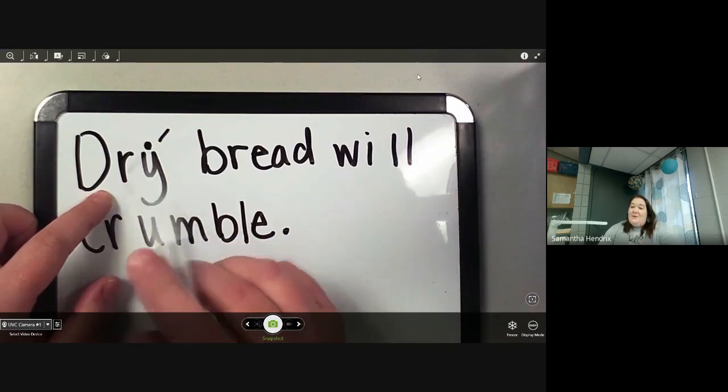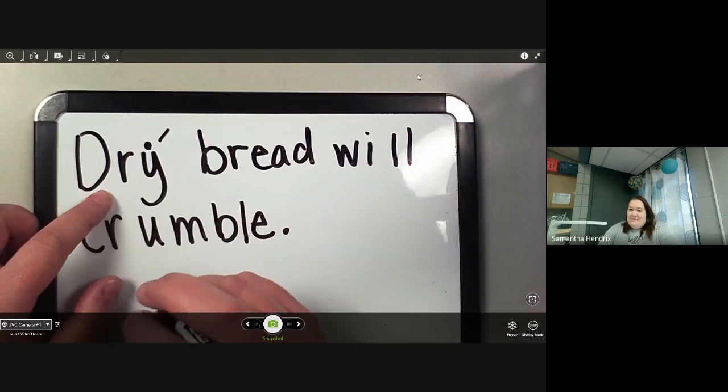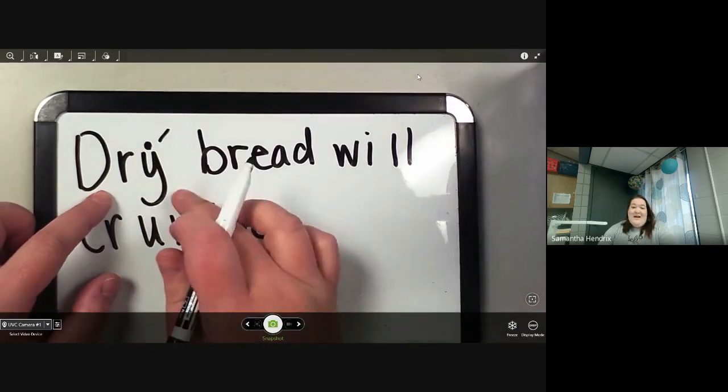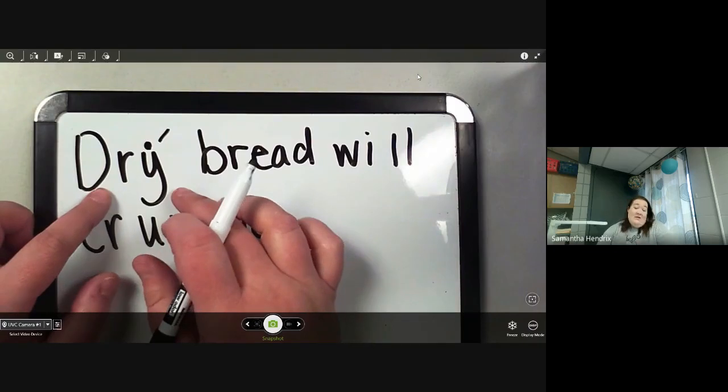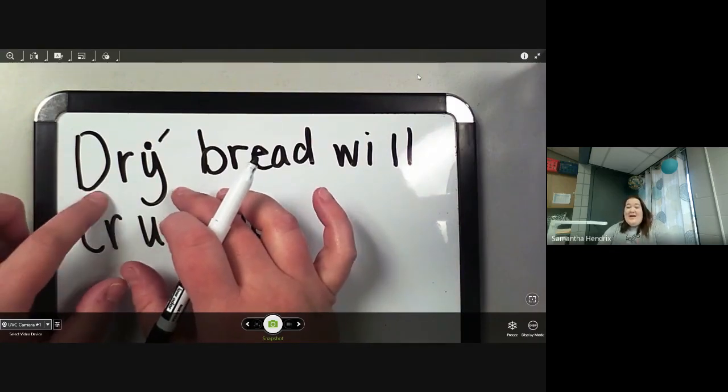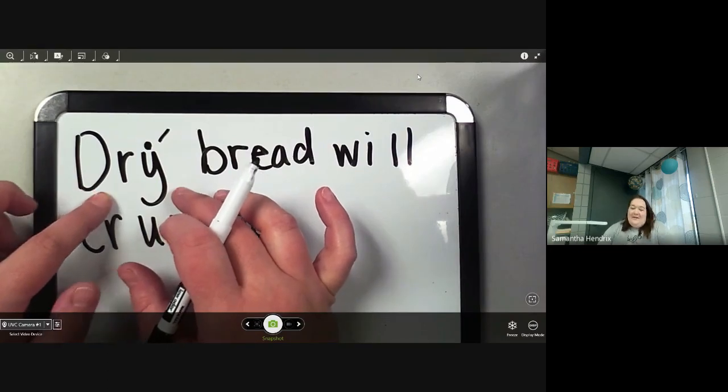In one syllable words, we don't have the E sound. Remember, the E sound with the final Y is in multi-syllable words. So this means it's going to be an I sound. Is it going to be a long I or a short I? So we have dry or drip. It's dry.